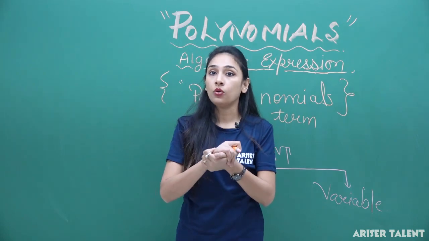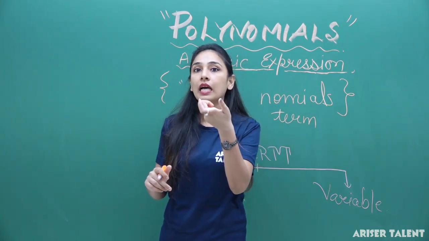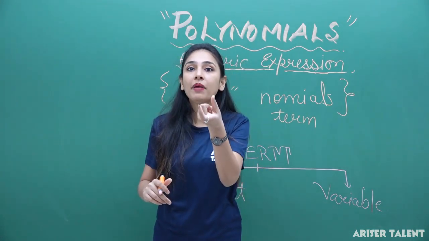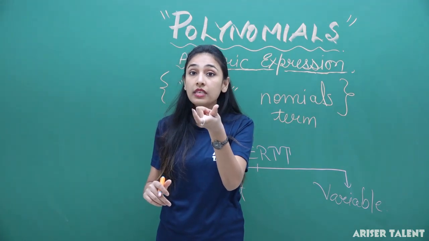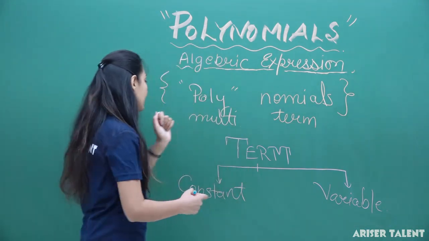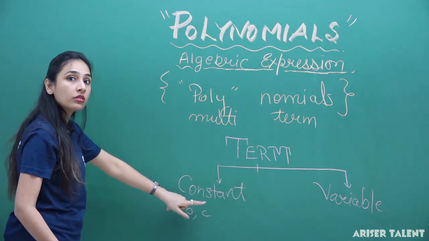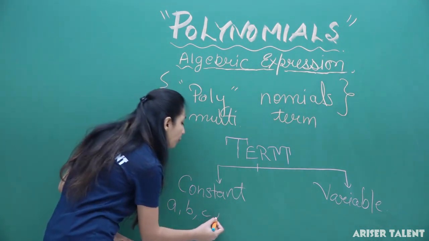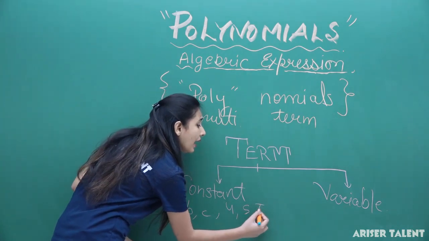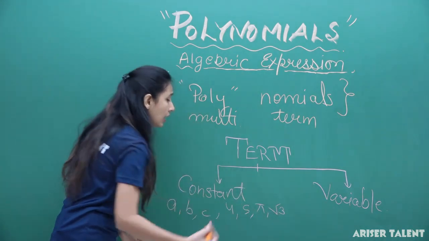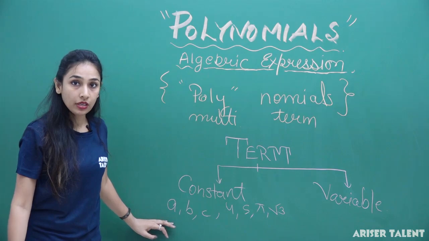Now we also use some alphabets as constants, like small a, small b, small c. These are also written as constants. Or 4, 5, or maybe pi, or maybe root 3. These are all constants, right?